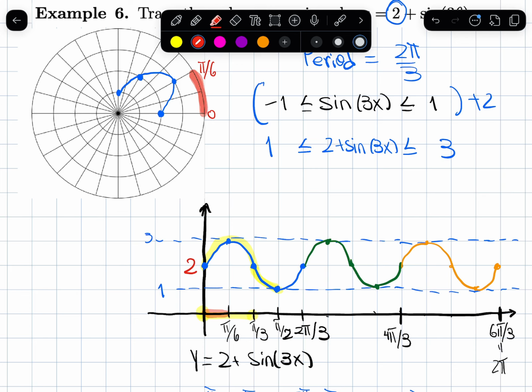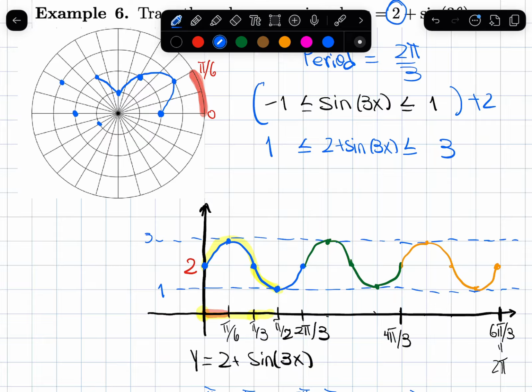So I can just follow 2 more angles on the polar grid, decreases from 2 to 1 like this. As I got to pi over 2, I've already covered this, so I can move 2 more units, go back to 2, 2 more units, go back to 3, 2 more units, go back to 1, 2 more units. Go back to 2, I should have said. 2 more units, go back to 1.